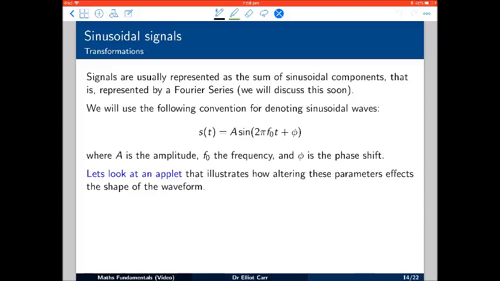A function that we're going to see a lot throughout this unit is a sinusoidal function. We're going to be talking a lot about sinusoidal waves, and these are waves that can be expressed as functions in this form, a sine function, where A is known as the amplitude, f0 is the frequency, and phi is the phase shift.